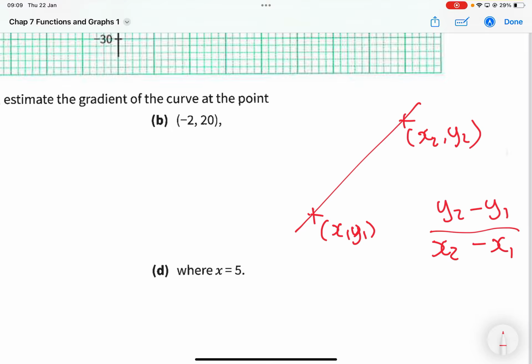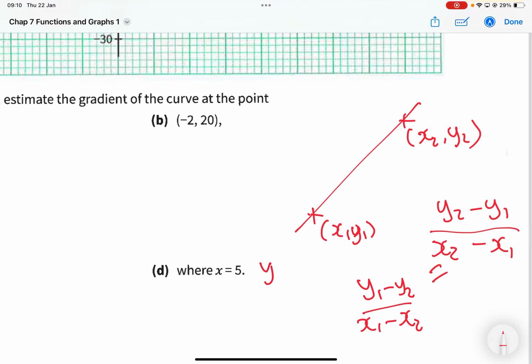The x and y from the same point must be together in front or behind. You can put y2 in front. You can put y1 in front also. But then your x1 must be in front. Both these will give you the same answer. Both these will give you the correct answer.